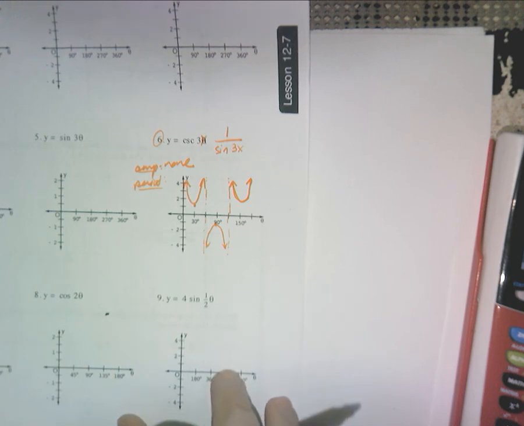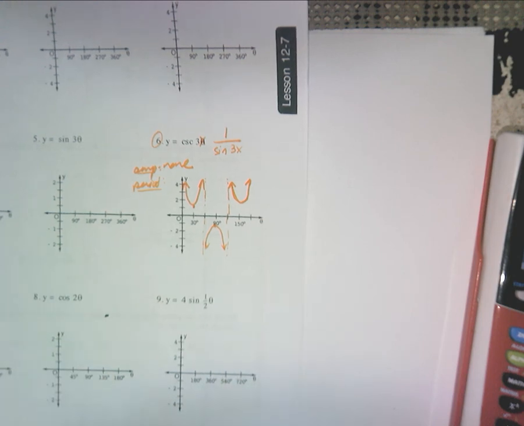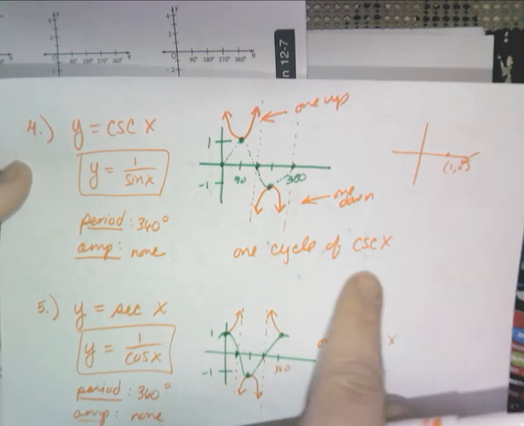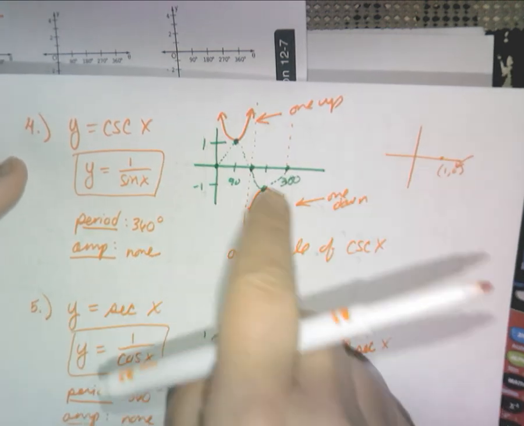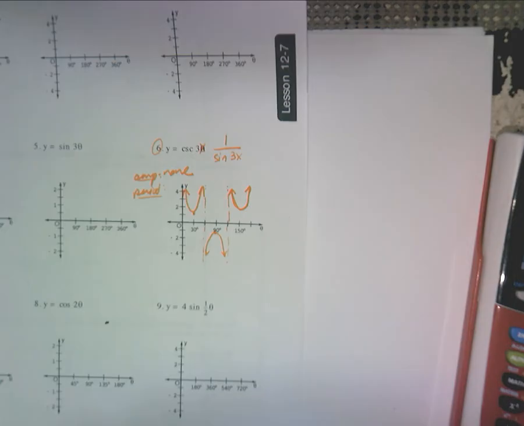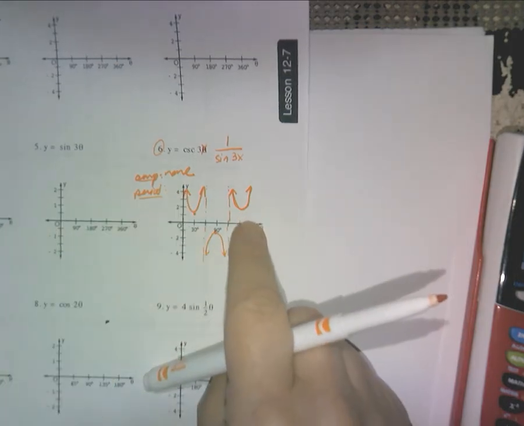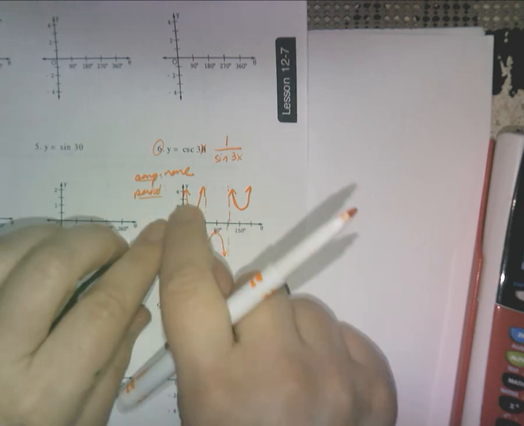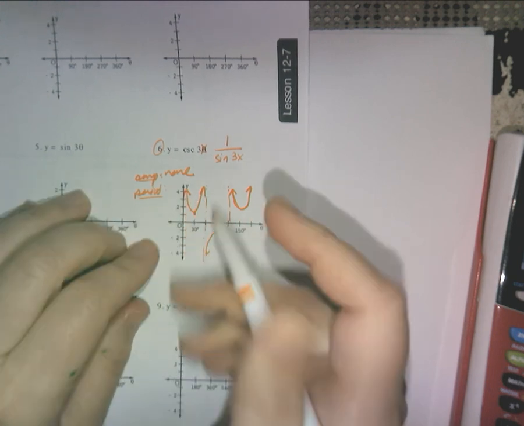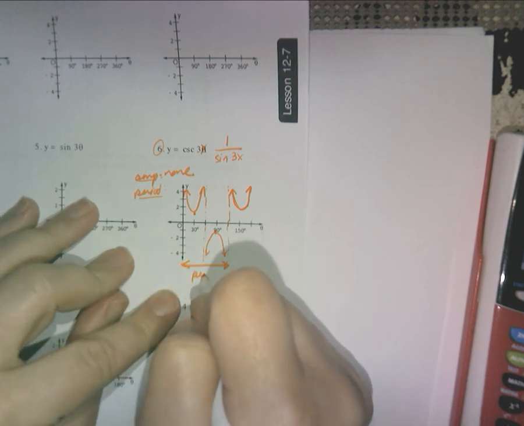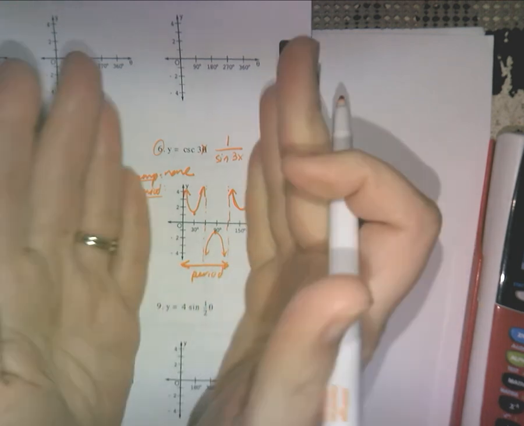So cosecant, to be one cycle of cosecant, you have to have an up and a down. They've tricked you here. They've given you an up, down, up. But you just need an up and a down. So from here to here, right there is your period. What's that width right there?